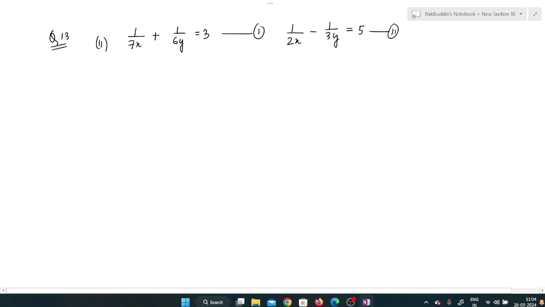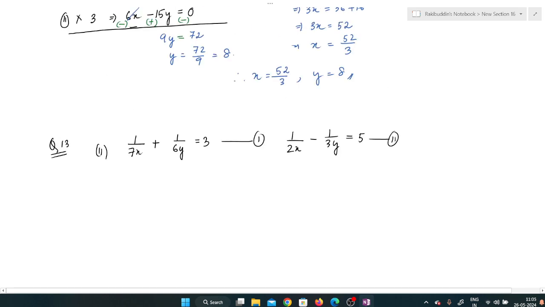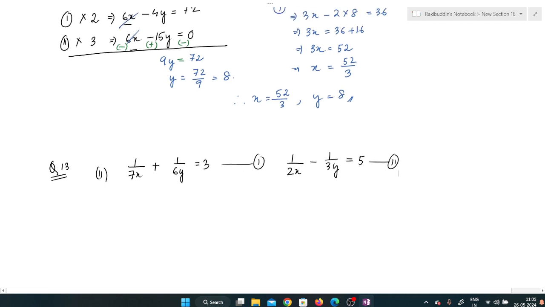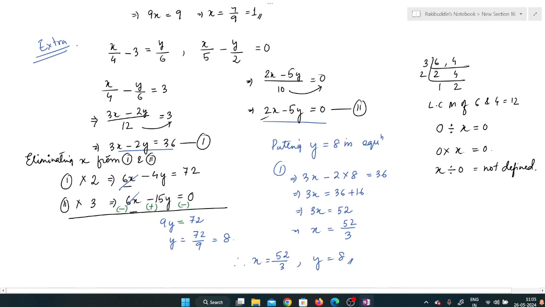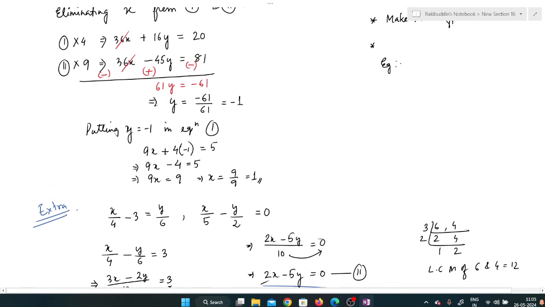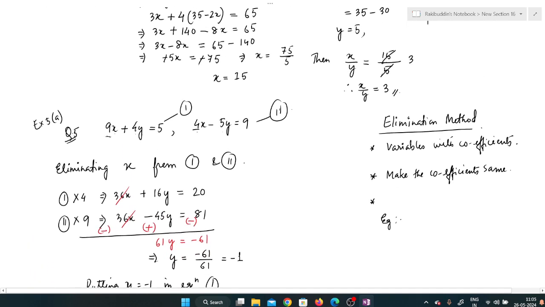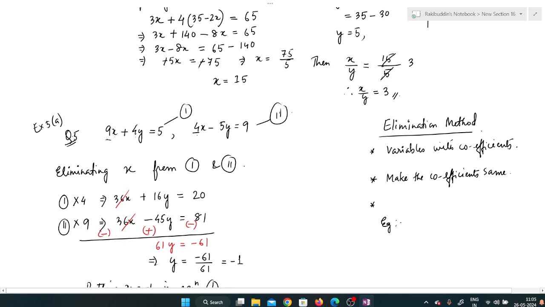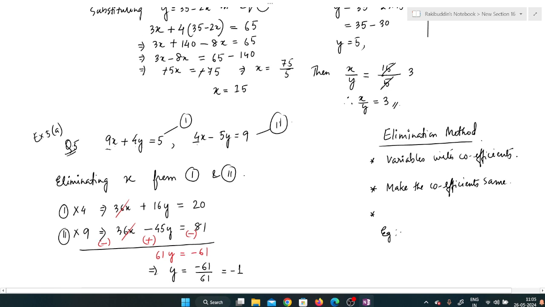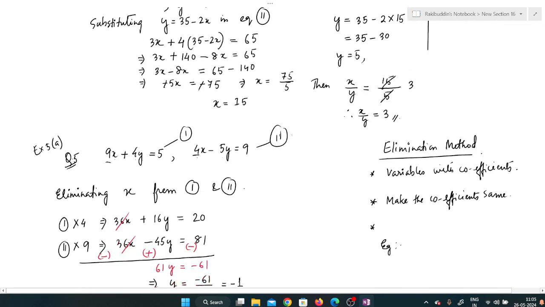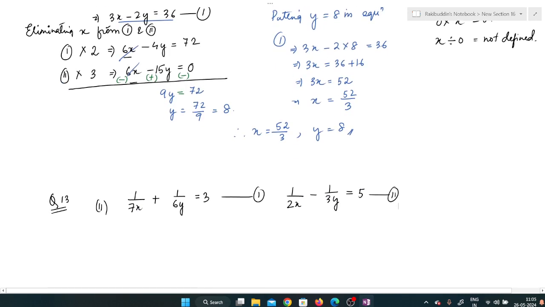Now you see in all the other equations, your variables were always in the numerator. As you can see here also, the variables are in the numerator, and there were no variables in the denominators. But in this question you can see the variables are in the denominator. So this is not in the form of a linear equation.